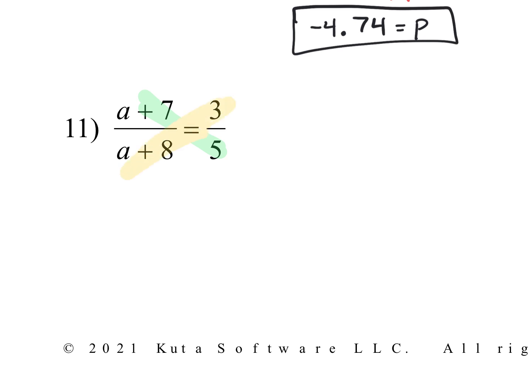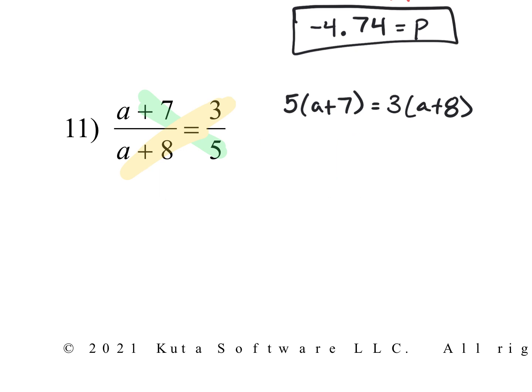Now, I'm very specific on how I write this. I always want the single term to go in the front, right? So for my green one, it would be 5 times a plus 7. And then for my yellow one, it would be 3 times a plus 8. The big thing here is just making sure the correct single term goes with the correct binomial.